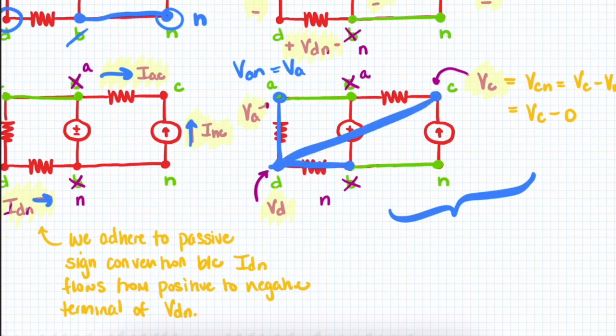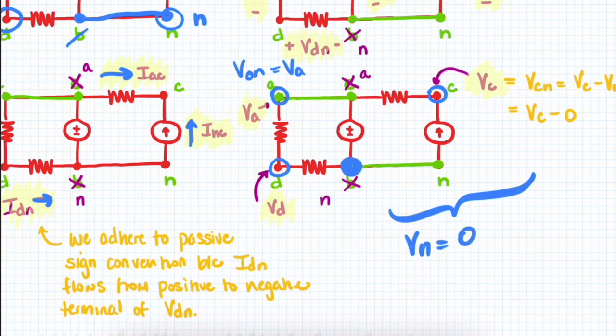There are 3 independently defined voltages in addition to the neutral. That makes sense because we have 1, 2, 3, 4 electrically independent nodes. One of them is our neutral, which leaves 3 values, VA, VC, and VD, for which we need to solve. Vn, we already assumed is equal to 0 because it's our reference voltage for the rest of the circuit.